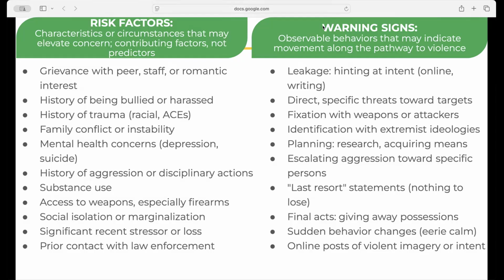It should lead you to get more curious. Just because a scholar has all of these things or many of these does not mean that they will cause a threat, but this information, along with what you gather in your interview, can help decide whether a scholar falls in a certain risk or threat level.